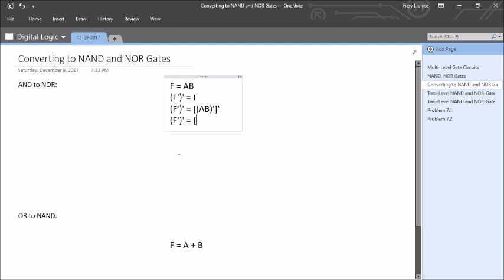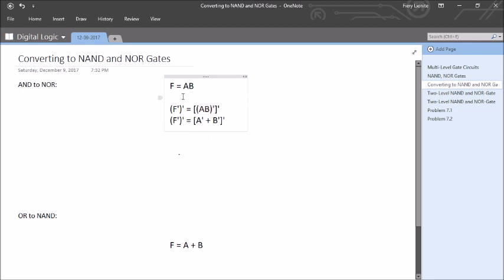So if we do that, we get A prime plus B prime and prime outside. This is a NOR gate. So basically we just convert an AND gate into a NOR gate. First, by applying the F double prime is equal to F rule, and then applying the Morgan law rule inside.